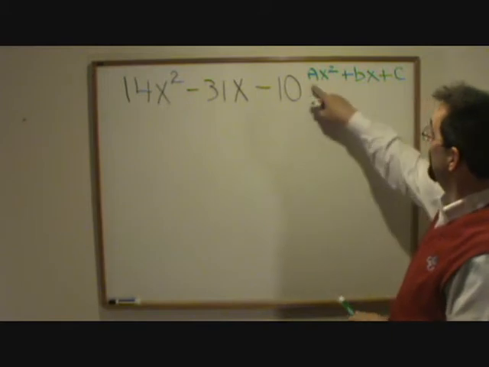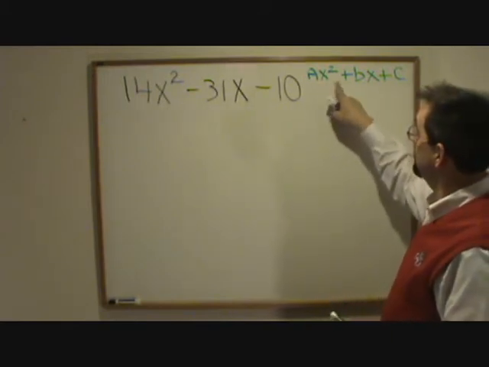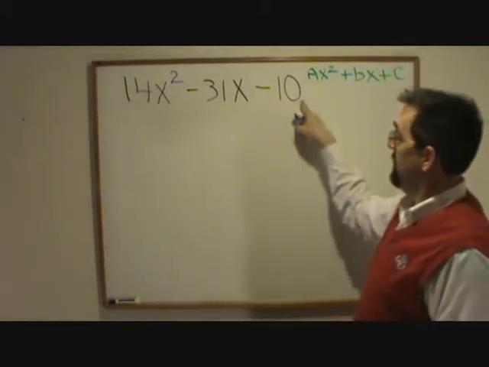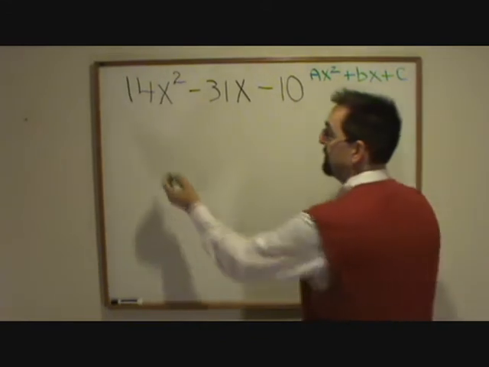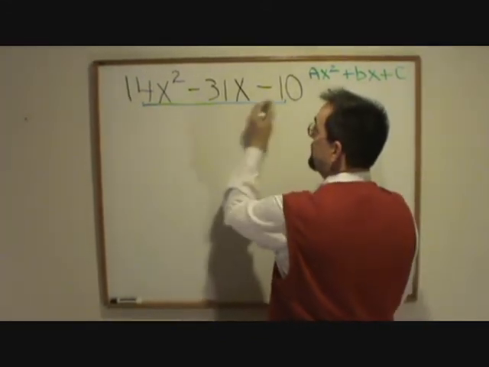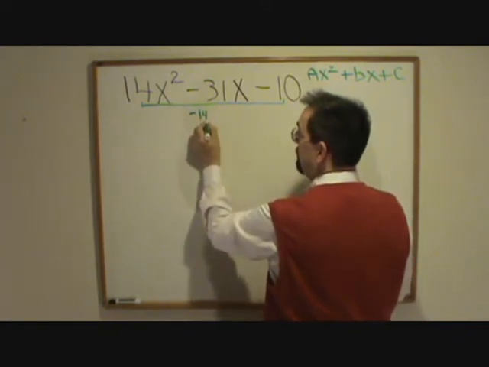The first thing we always want to do is remember the basic standard form: ax squared plus bx plus c. We have our A and our C. First thing I do, connect these two. A times C, we get minus 140.